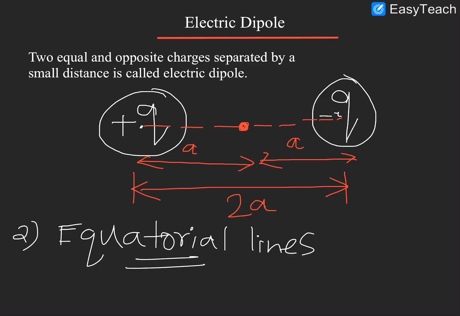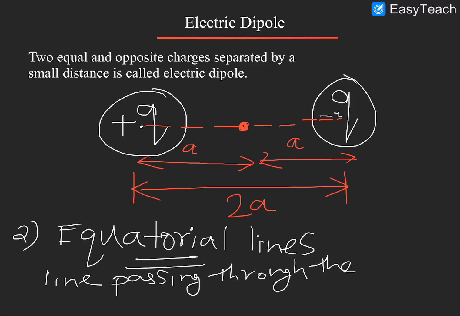What is meant by equatorial line? It is a line which is passing through the center of the dipole, and also it is perpendicular to the axial line.